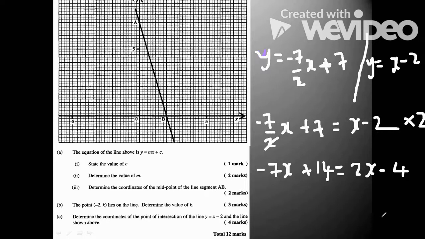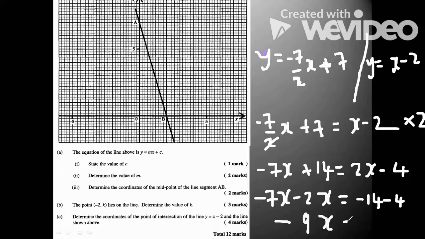So to save space and time, I'm going to put the 2x over here, so it will be negative 2x. Likewise, I'm going to put the positive 14 over, and it becomes negative 14. So negative 7x minus 2x is negative 9x, and that's going to be negative 18.